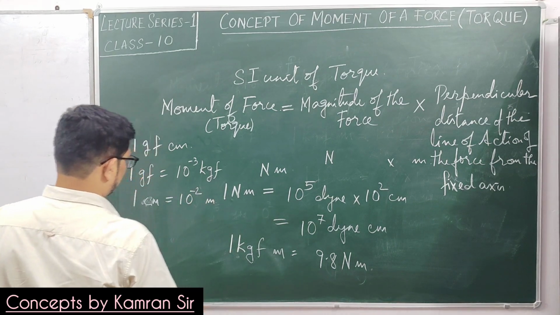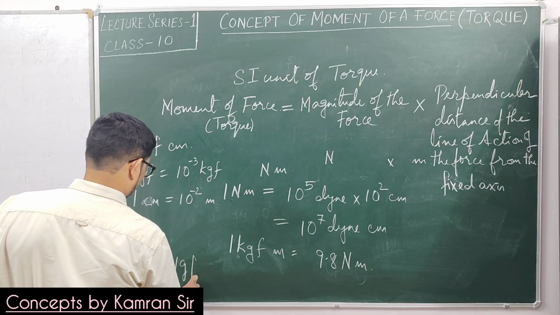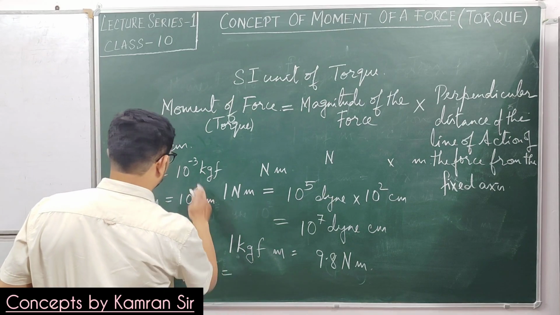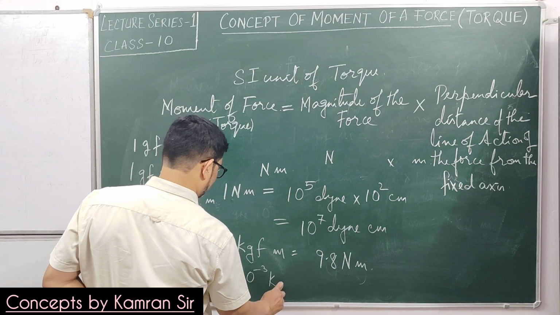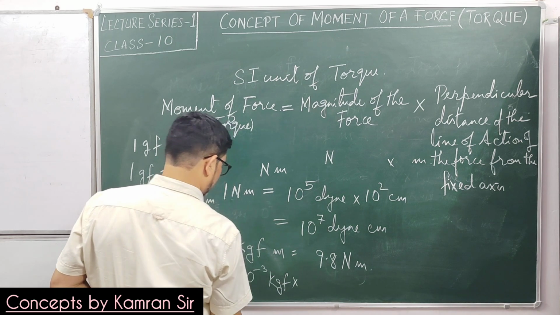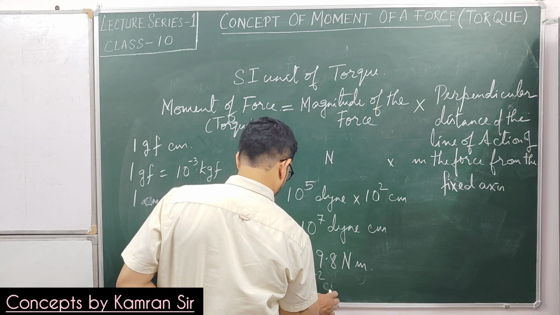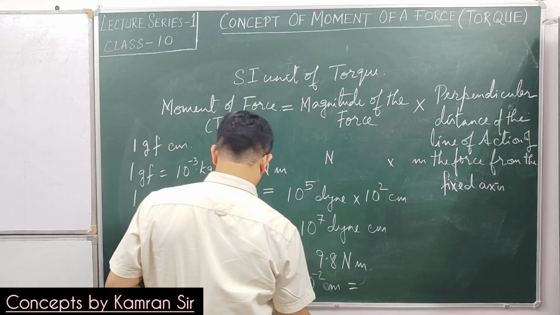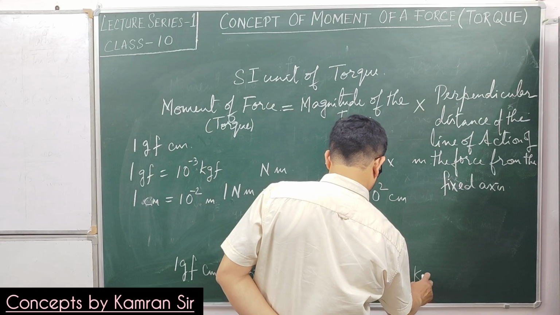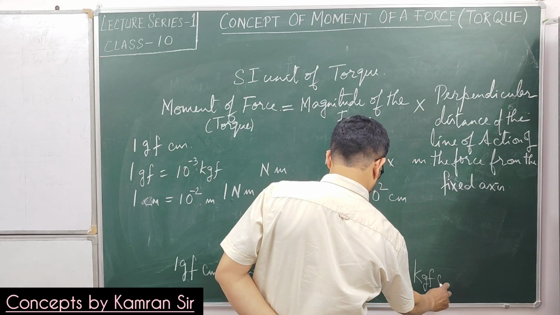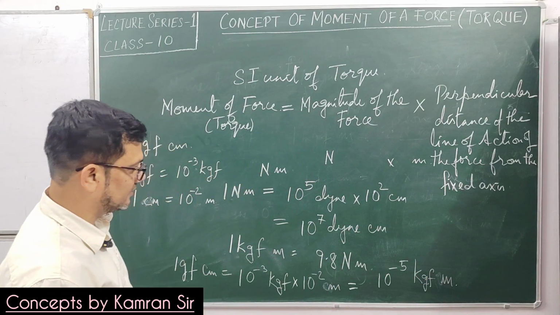So if you replace this here, 1 gram force centimeter is equal to 10 raised to the power minus 3 kgf times 10 raised to the power minus 2 meters, which is equal to 10 raised to the power minus 5 kgf meter.